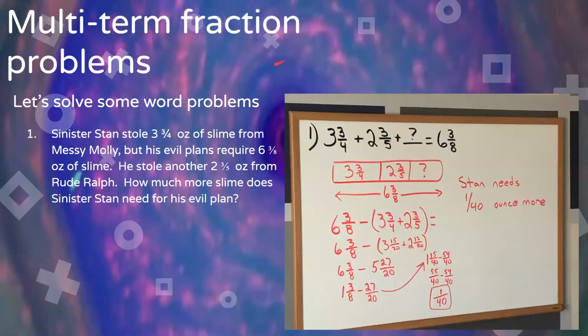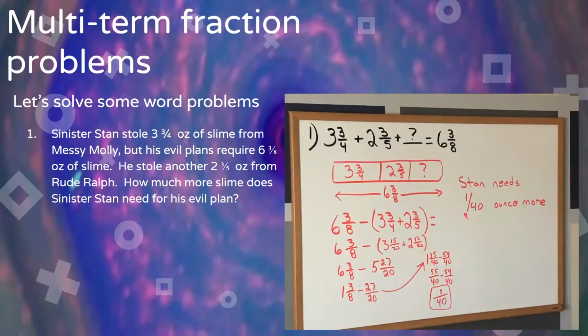Well, hello again. We worked on our slime problem, I hope, and I hope you came up with something that looks a little bit like my worksheet. I started with what I know, and I know that he already had 3 3/4 ounces and 2 3/5 ounces of slime, but he needed a little more to get to his total of 6 3/8.